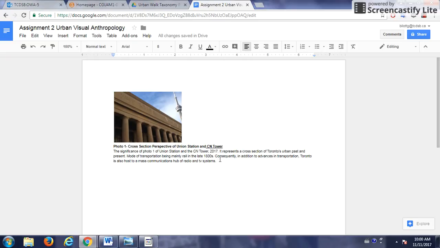Consequently, in addition to advances in transportation, Toronto is also host to a mass communications hub of radio and TV systems. The CN Tower, once the highest structure or tallest building, is an antenna or host of satellites.